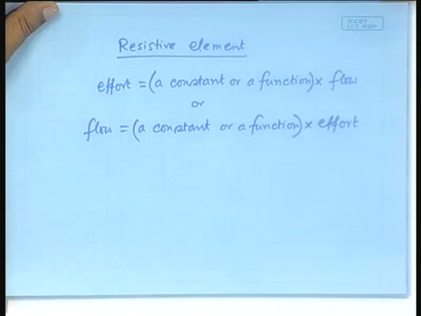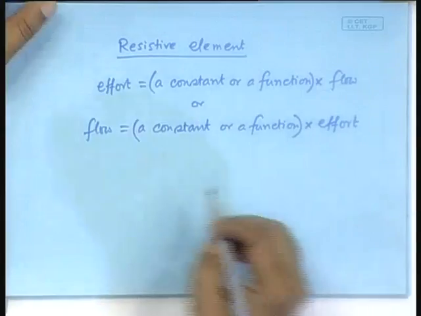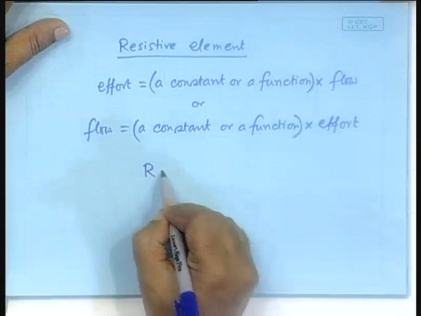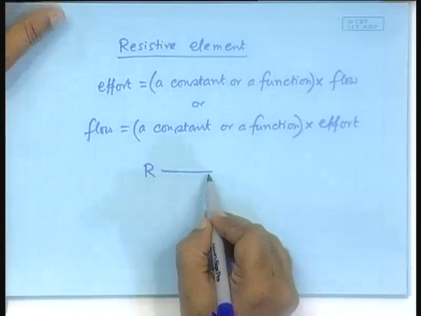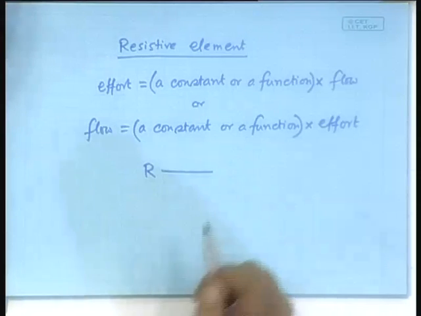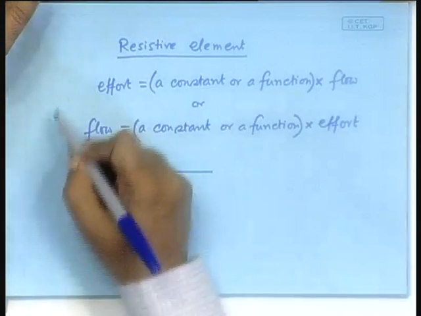So, this is the character of the resistive element always. Whenever we have a nonlinear resistor, the way we encountered in the stick-slip kind of oscillation or dry friction, then this would be a function, that is all. But this character will hold. So, it will always be represented by R connected to a bond, and that bond will carry the information about the effort and the flow related by this relationship. Okay.